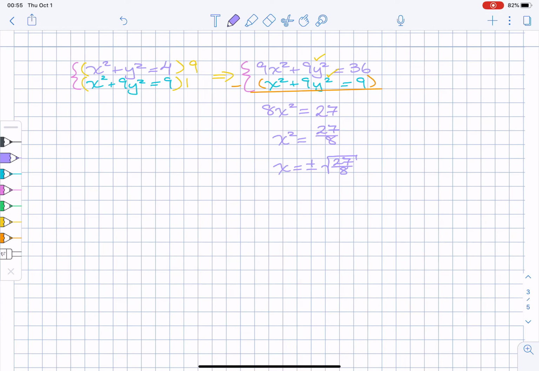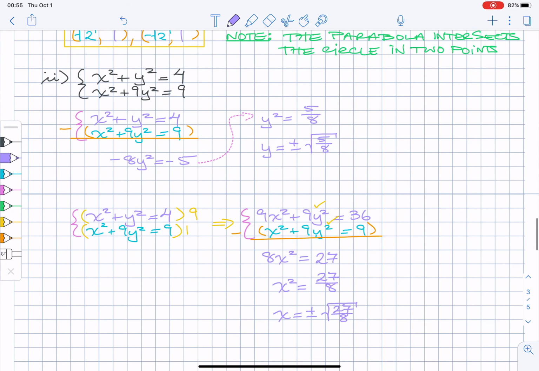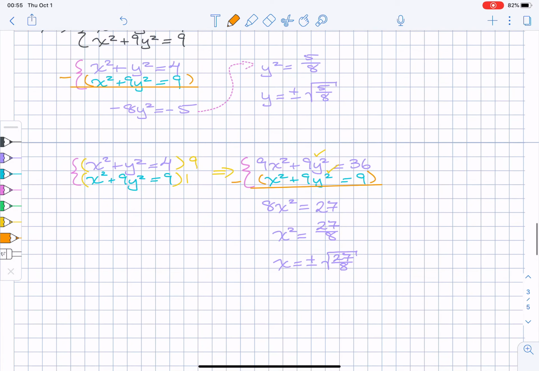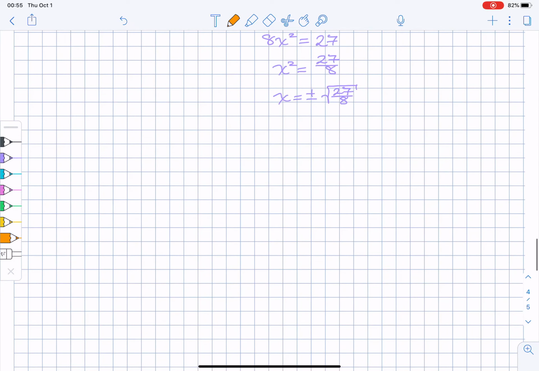Okay, so which is which? Well, since they're both squared, there's 4 points here. Because when I square, the plus or minus will go away on each.